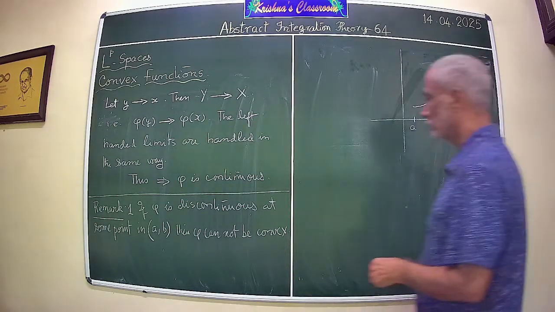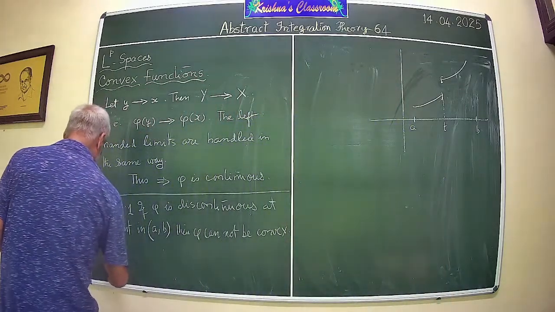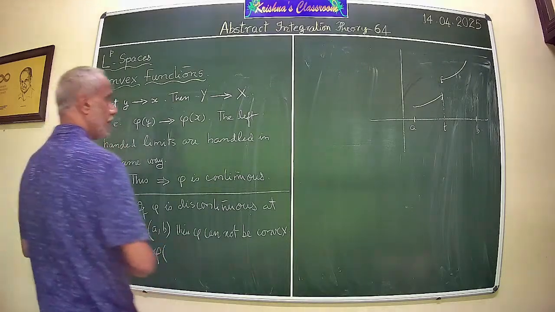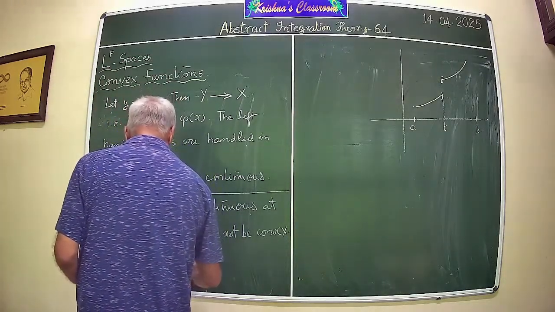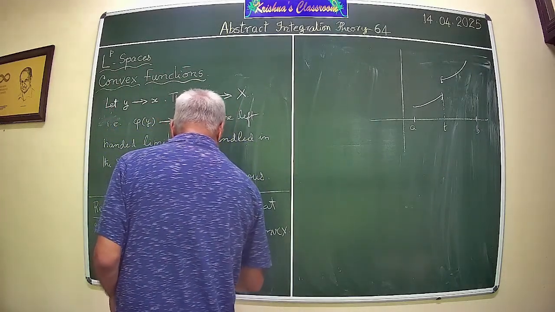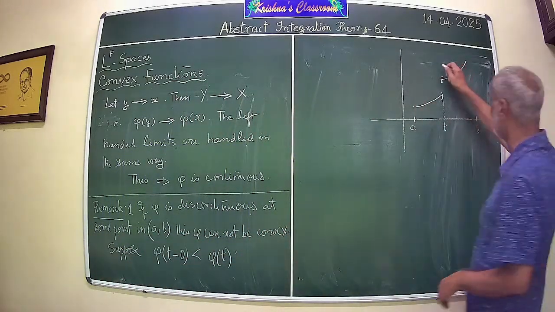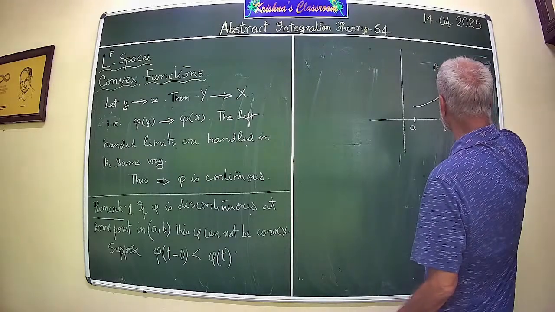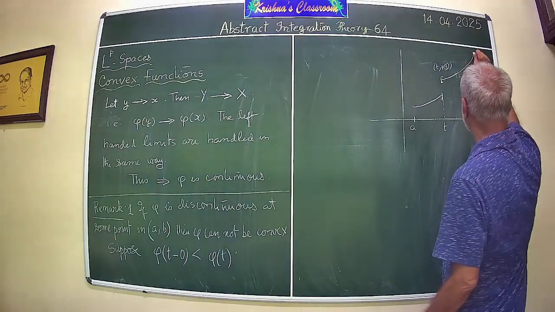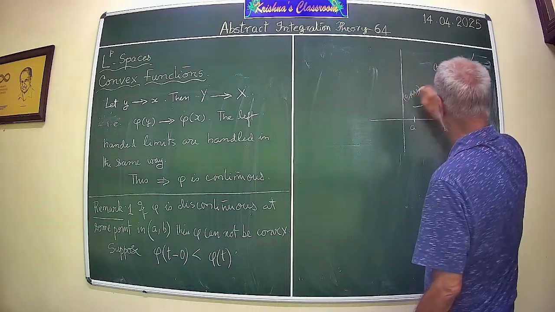Suppose phi at t minus is strictly less than phi at t. That means the function has the value here. This is a, phi a, and b, phi b.